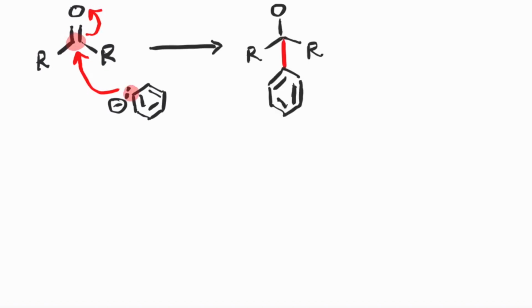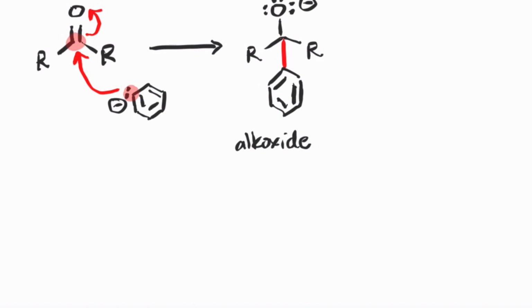Upon the nucleophilic attack, that carbon cannot accommodate any more electrons, so it will break the carbon-oxygen pi bond, the carbonyl double bond, kicking the electrons towards the oxygen. Notice that this step creates a new carbon-carbon bond, highlighted there in red. And as a result, there are lone pairs on the oxygen, giving us our alkoxide ion.